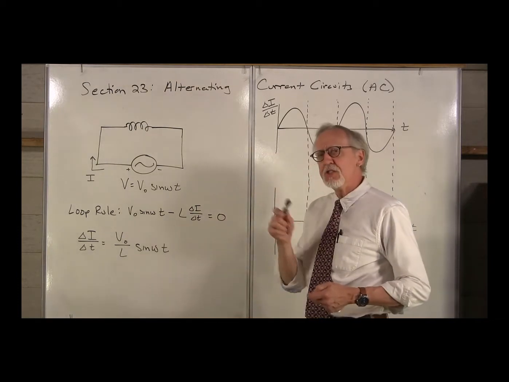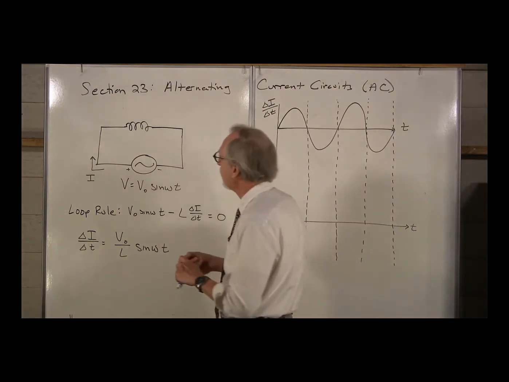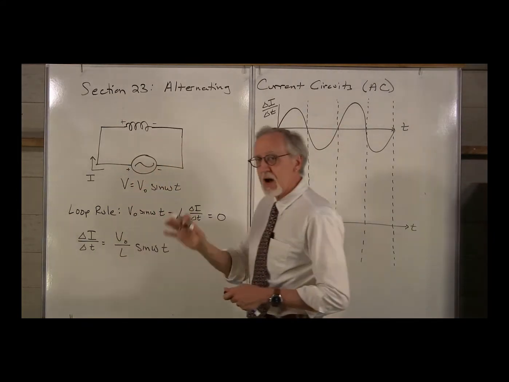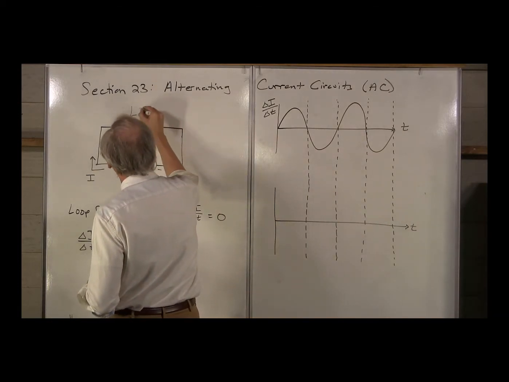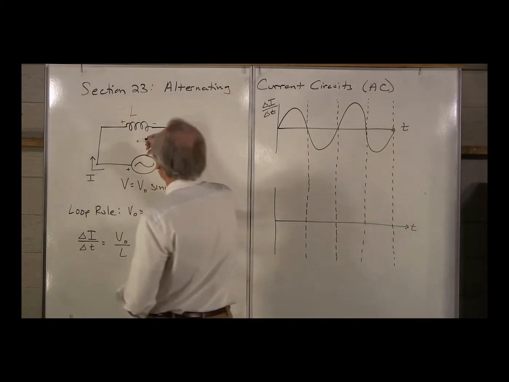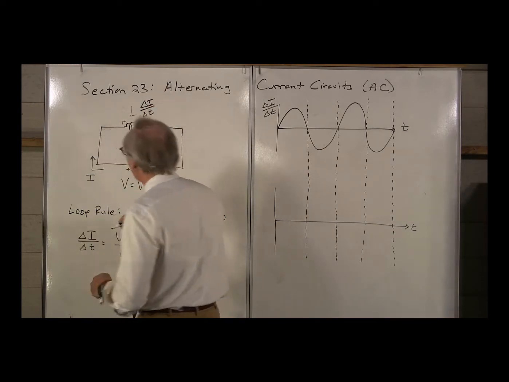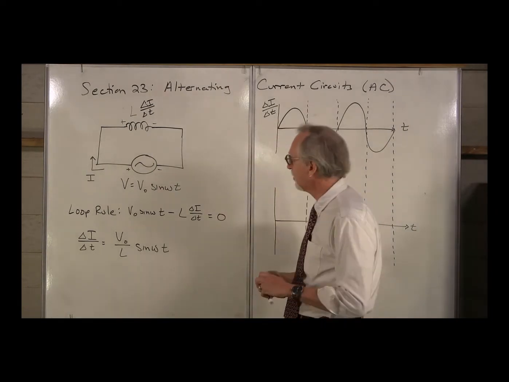What is the voltage drop across the inductor, just like we had for the resistor and the capacitor? Remember, the voltage will be a drop as we go across, and the voltage will be proportional to L, the inductance, times delta I over delta T. Very good. Now, let's apply the loop rule, just like we did before.